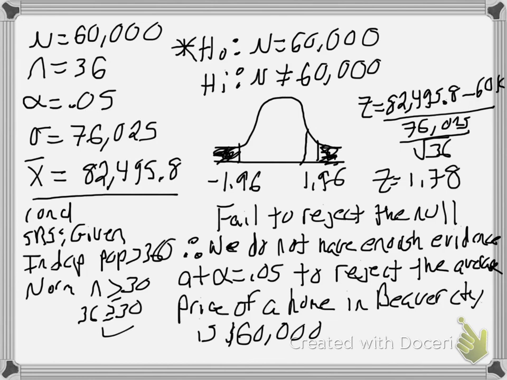All right, guys, if you follow the formula every single time, you will never get it wrong. It's when you start trying to say, well, it sounds weird, and you start wordsmithing. That's when you start getting things wrong. Okay? So again, fail to reject, that means we don't have enough evidence.